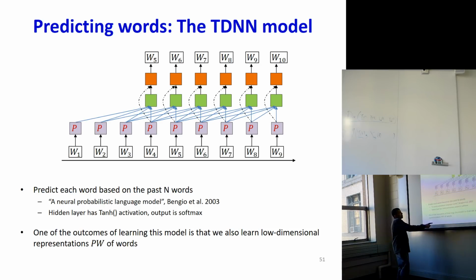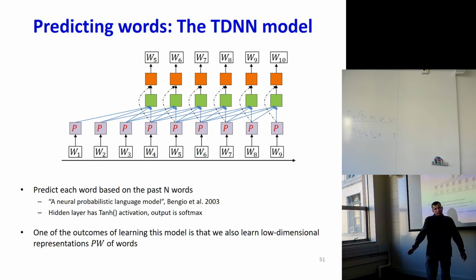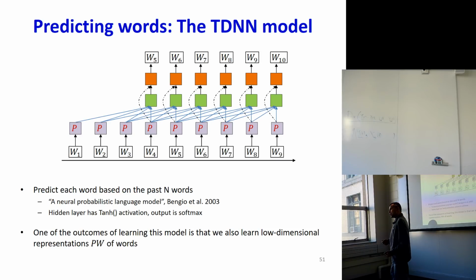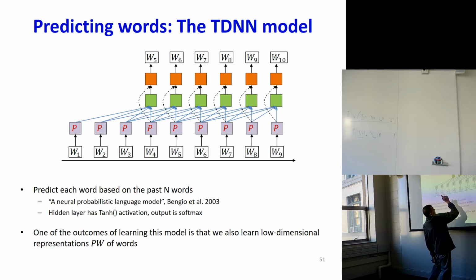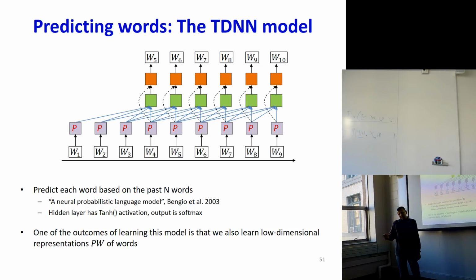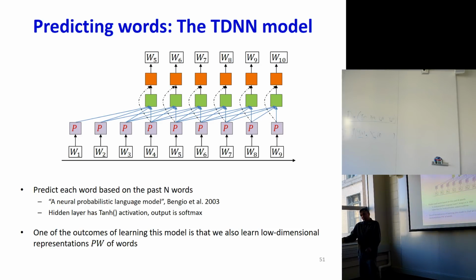So every word is first projected down using the matrix P. Then the projected word components go into your predictor, which is a network that predicts the next word. So at W4, you'll be predicting W5. At W5, you'll be looking at W2 through W5 and predicting W6. At time 6, you'll be looking at W3 through W6 and predicting word 7, because you're always trying to predict the next word, right?